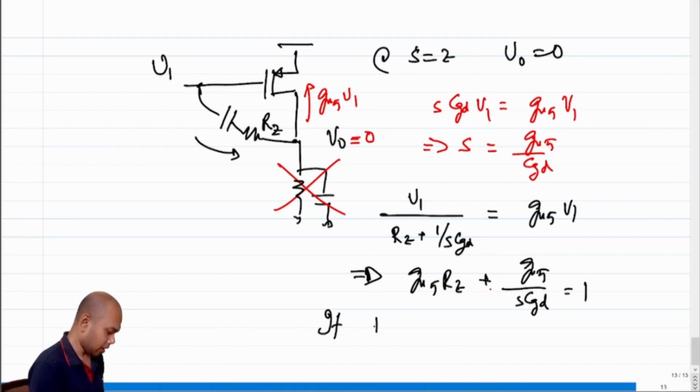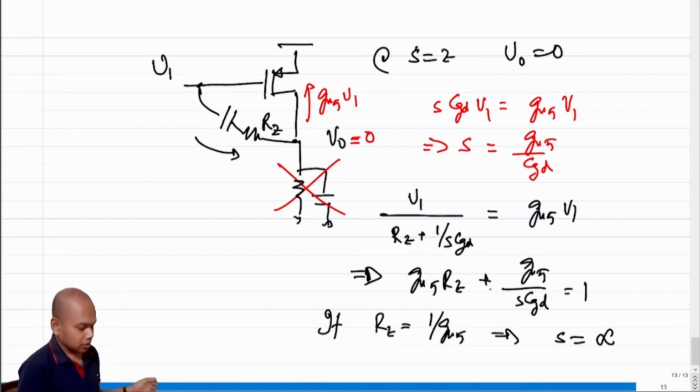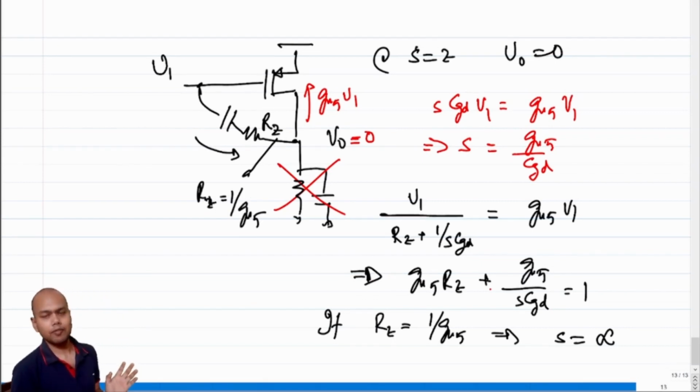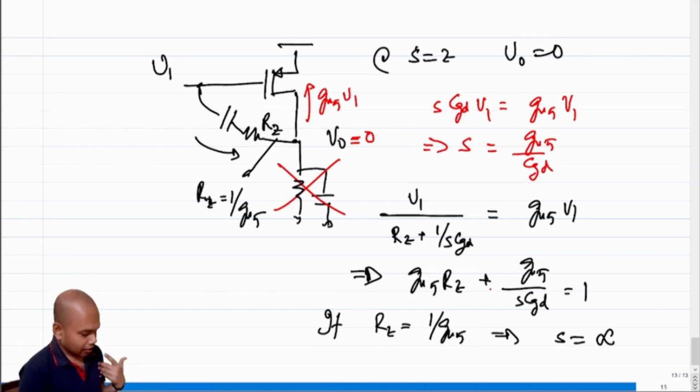So if RZ is equal to 1 by GM5, then the solution is S equal to infinity, right? In other words, if RZ becomes exactly equal to 1 over GM5, then the right hand side 0 vanishes, right? In fact, we can do even one better.